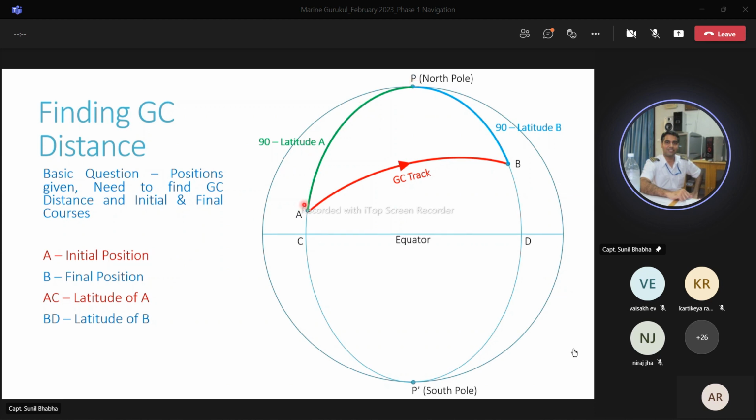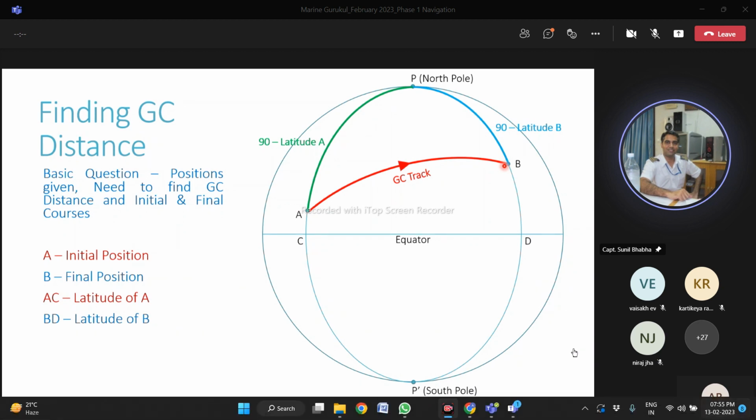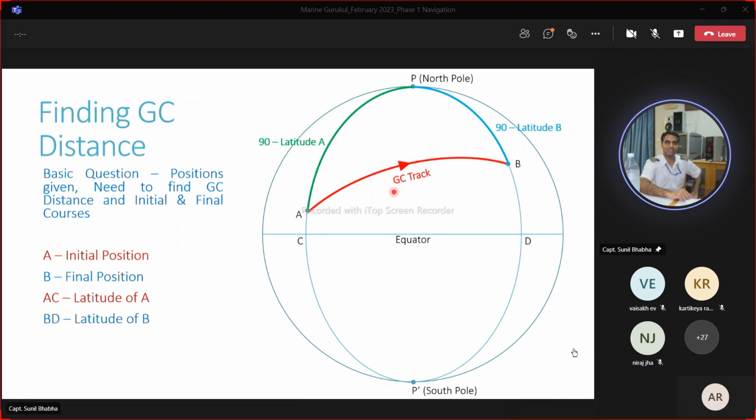Papa Alpha is the arc of the meridian of our initial position A, which is a great circle. Papa Bravo is again the arc of a meridian, which is the meridian of B, which is again a great circle. And the third side of this triangle, the red color side, that is Alpha Bravo, A to B, is of course a great circle track. It is the arc of a great circle track. That is what we need to find out.